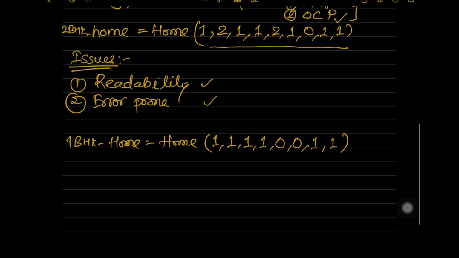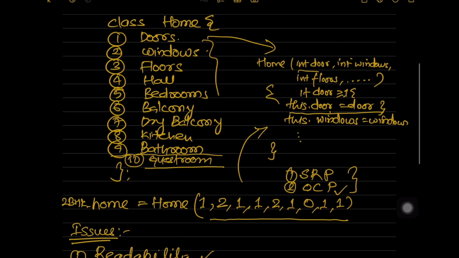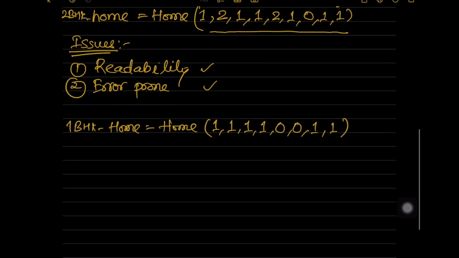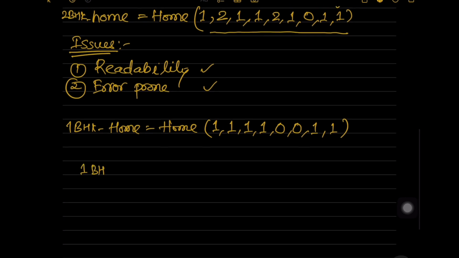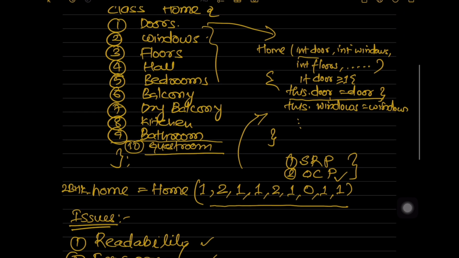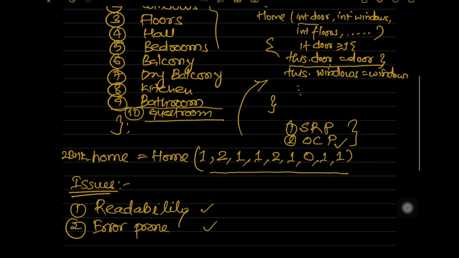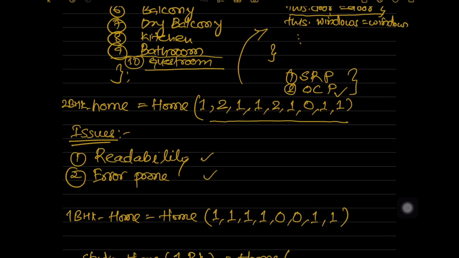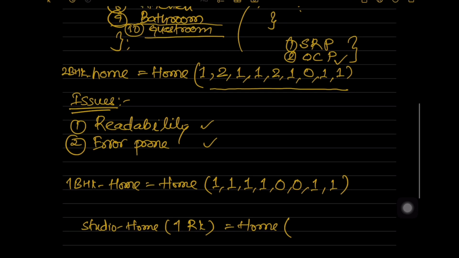If I want to create a 1 BHK home, or a studio home which has only one room and a kitchen, then I need to unnecessarily pass all those variables, though I need only one bedroom and one kitchen. I will need to pass arguments for all the things; wherever the bedroom is, we pass one, then one kitchen. Then of course there will be a bathroom, but for the others we will have to pass these variables.